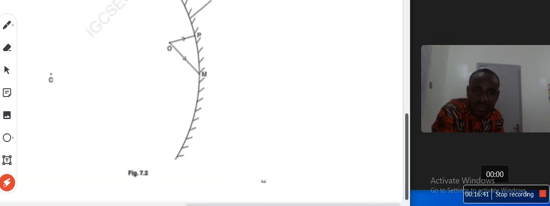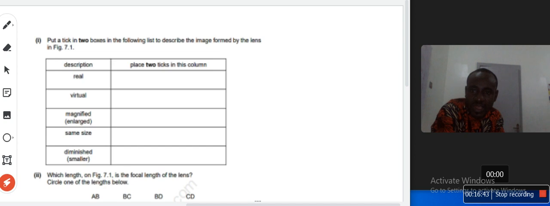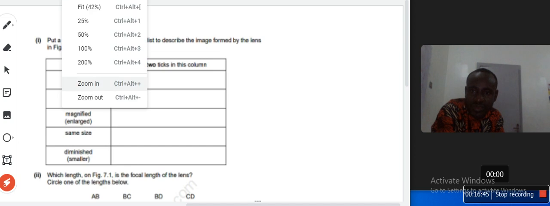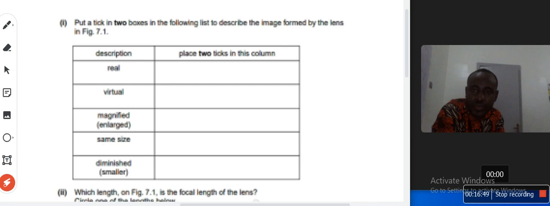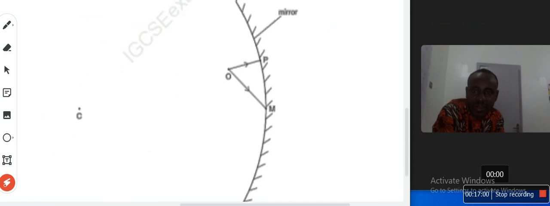The question says we should put a tick in two of the boxes in the following list to describe the image formed. Is it real? Is it virtual? Is it magnified? Is it the same size? Is it diminished?